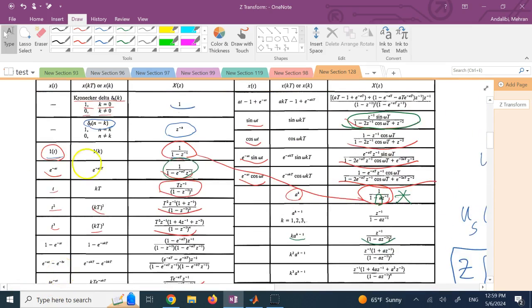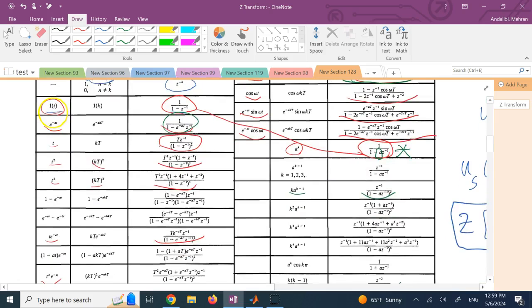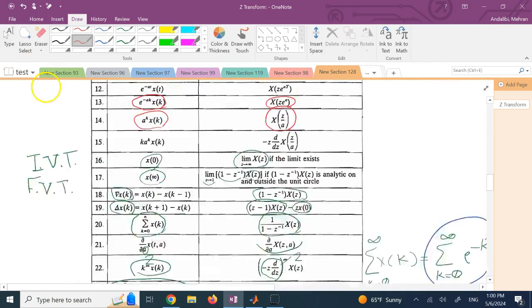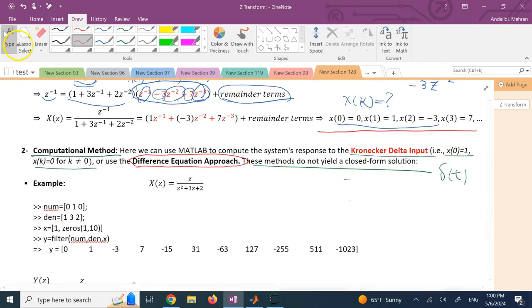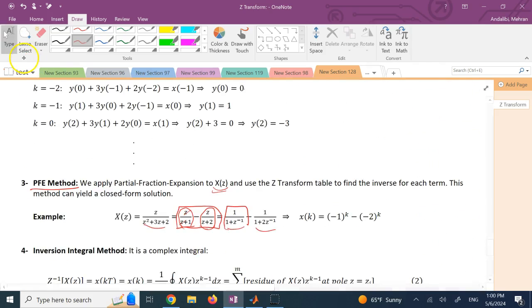Most probably it is a polynomial term. Your polynomial is 1 over 1 minus a z inverse.